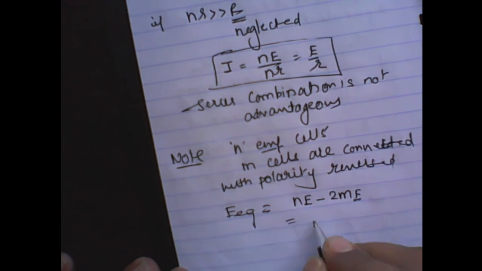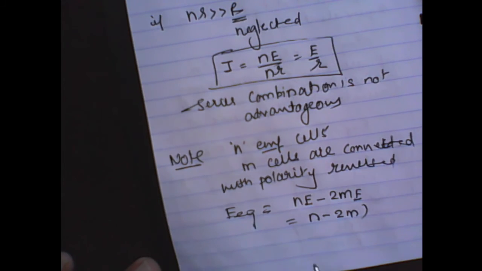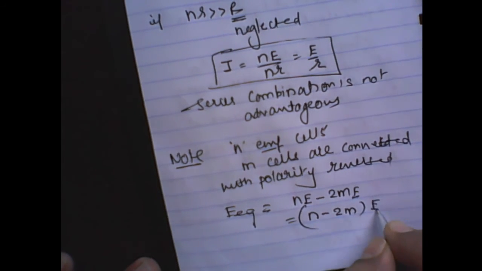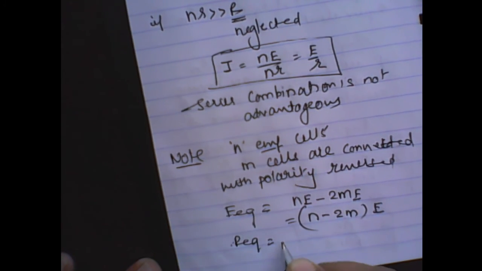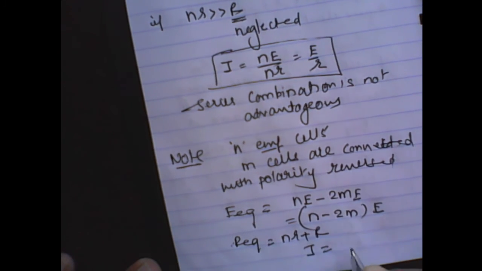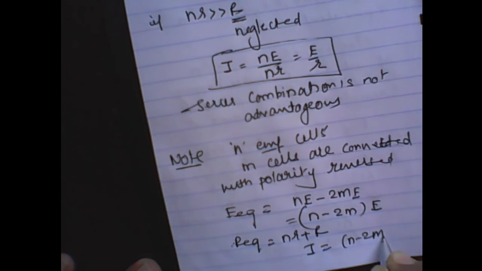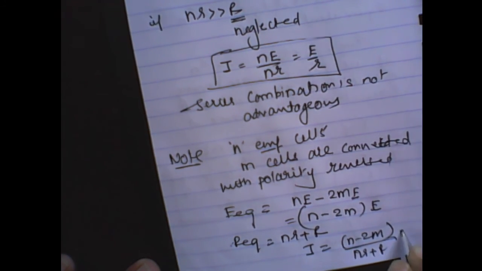So this will be (n minus 2m) into E, but the equivalent resistance will be simply nr plus R. So the current I will be given as (n minus 2m) upon (nr plus R) into E.